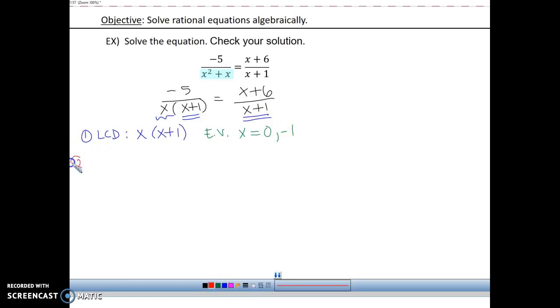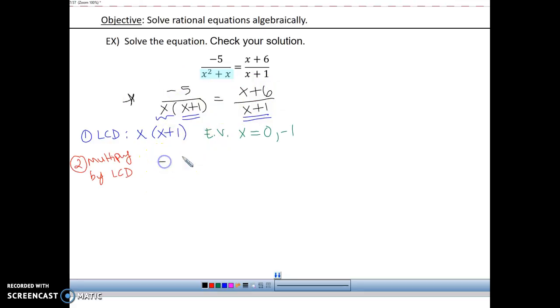Step 2 is then to multiply by the LCD to every single term. So I need to take my fraction. You want to do this one, the one that's already in factored form.